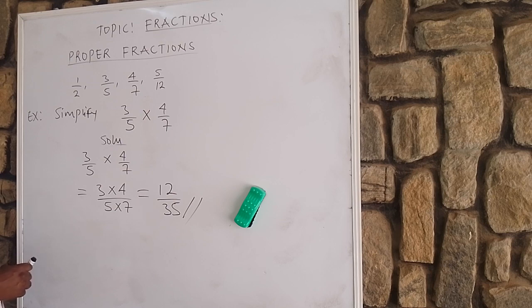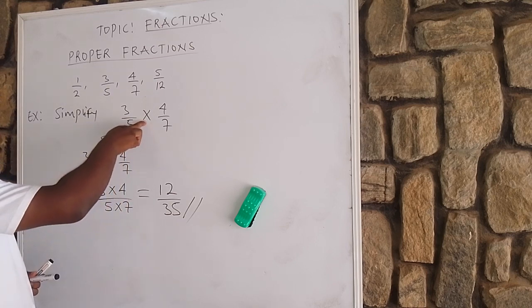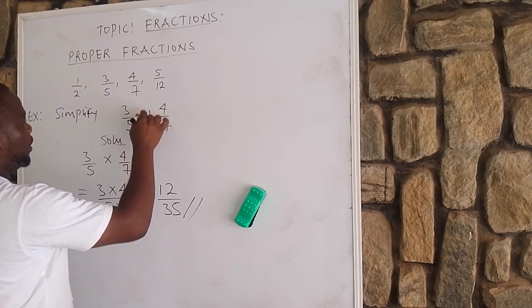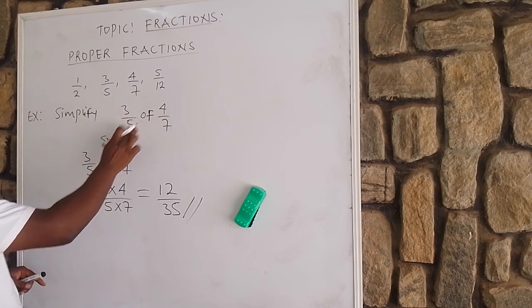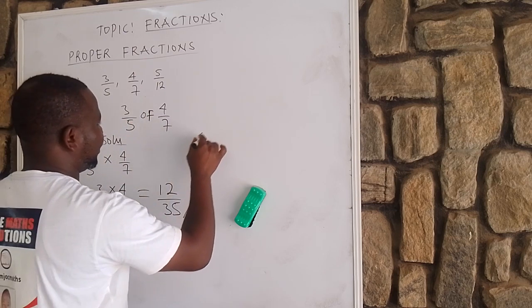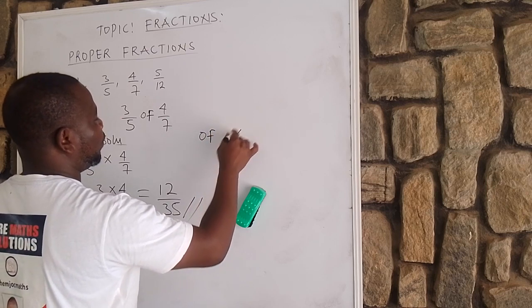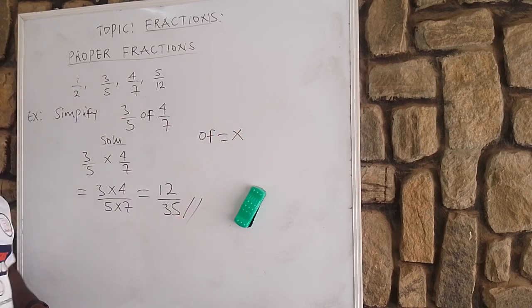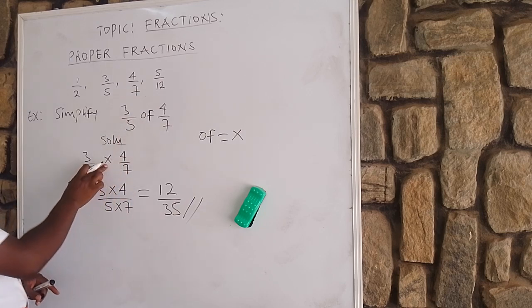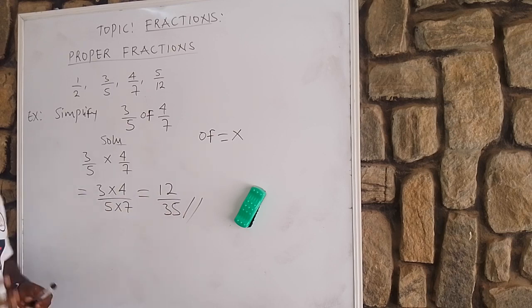Sometimes you may not see this place as multiplication. Instead of that, you may see 3 all over 5 of 4 all over 7. It means in mathematics, when you see of, this is the same thing as multiplication. So take note. You are going to transform it this way, and at the end of the day, you will arrive at the same answer.